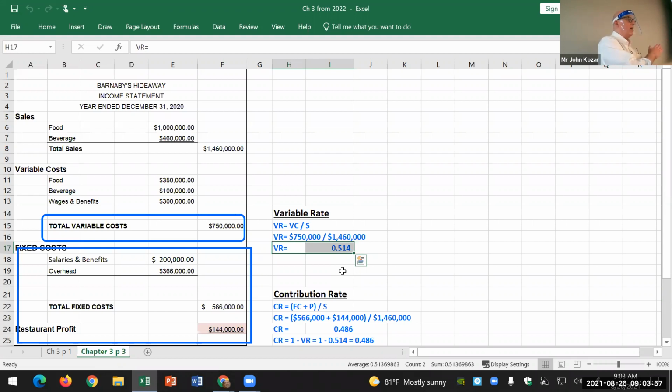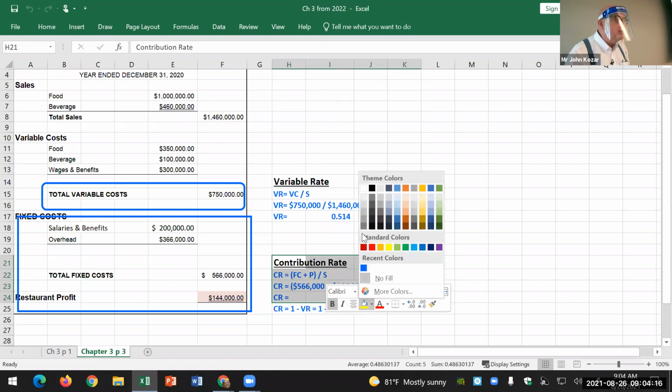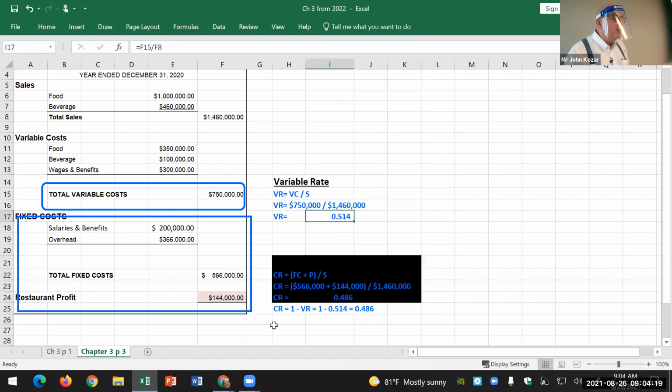Okay, so that's just taking the costs that change depending on how much business we have and comparing them to our sales. Now, I wish I had put these in another order, but we're going to define something called the contribution rate. It's going to cover the total of these two figures, our total fixed cost plus our restaurant profit.